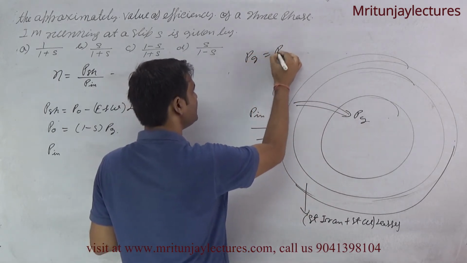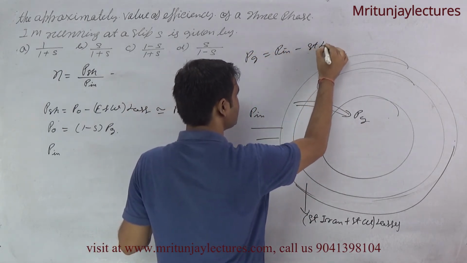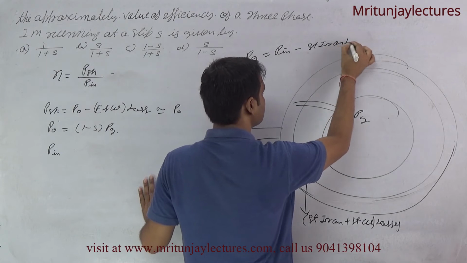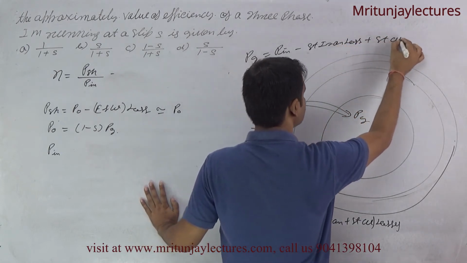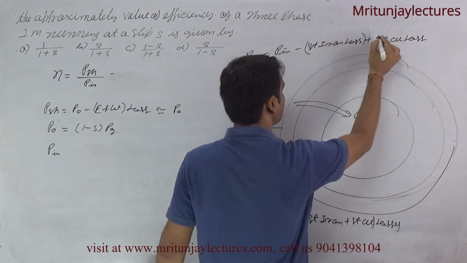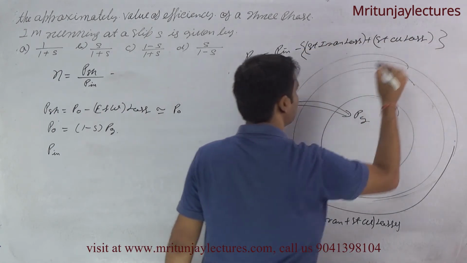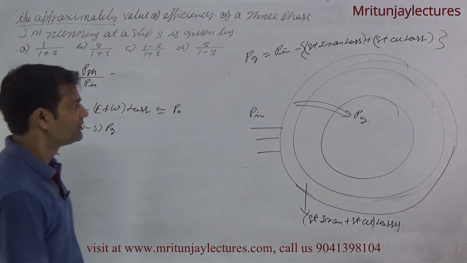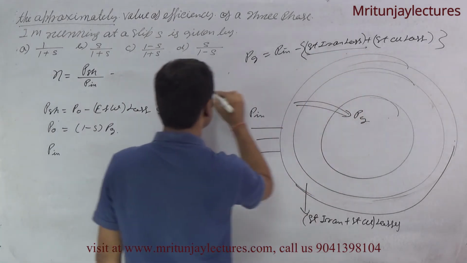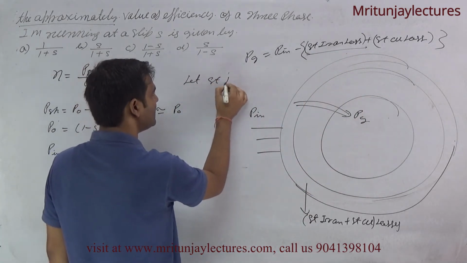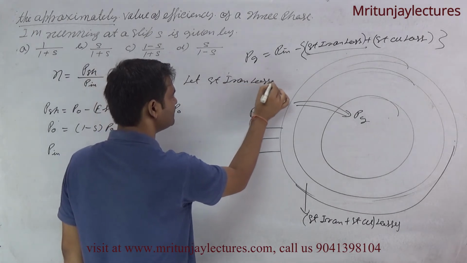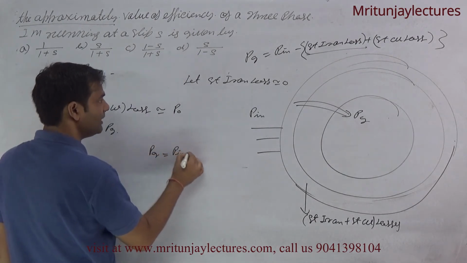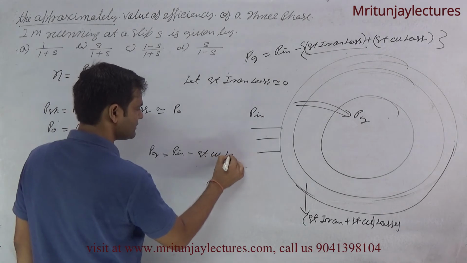PG is written as P input minus stator iron loss plus stator copper loss. According to the question, some approximation we have taken. If the stator iron loss is neglected, then PG is equal to P input minus stator copper loss.